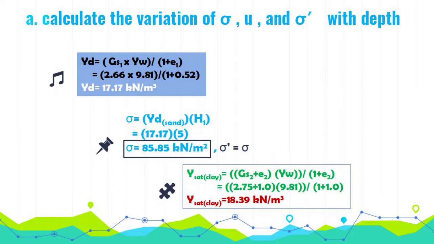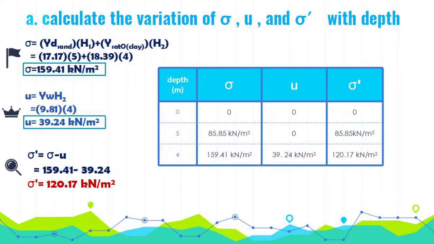Calculating the total stress using the equation sigma is equal to the dry unit weight of sand multiplied by h sub 1 plus the saturated unit weight of clay multiplied by h sub 2.